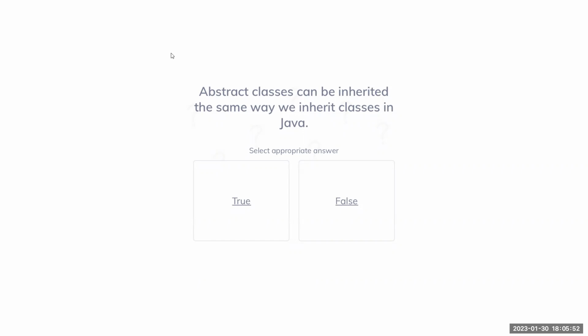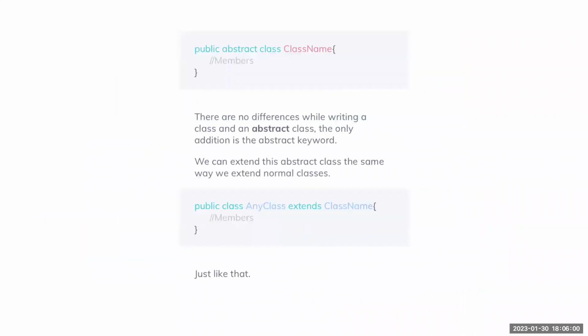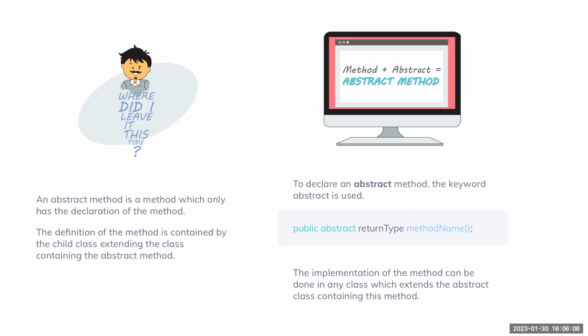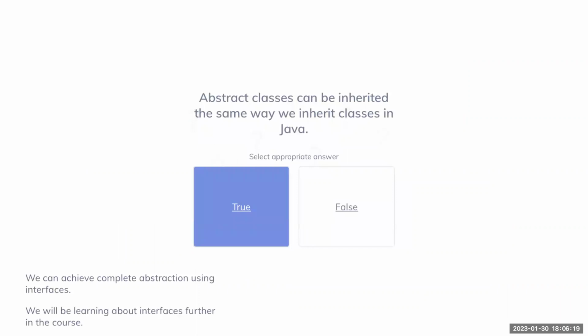Actually, if you see here, we can extend this abstract class the same way we extend normal classes. So abstract classes can be inherited the same way we inherit classes in Java. That's true. Yes.